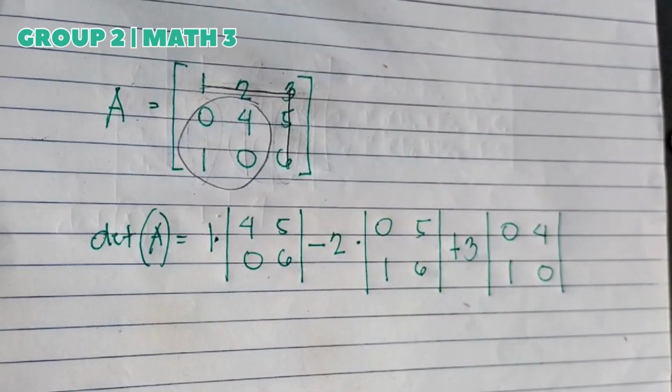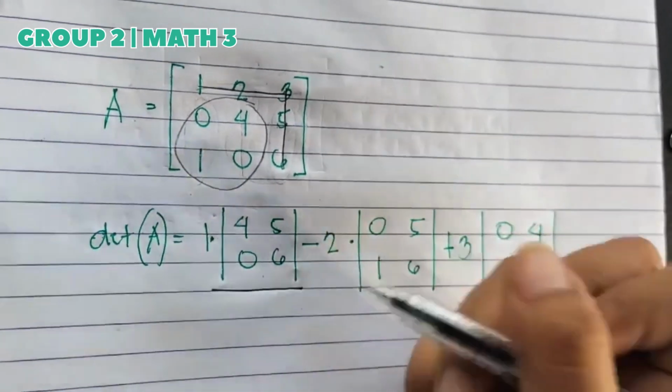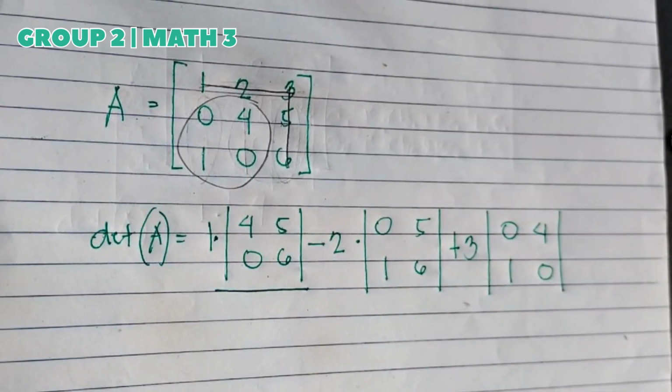So first, let's solve the absolute value of 1 multiplied by 1.